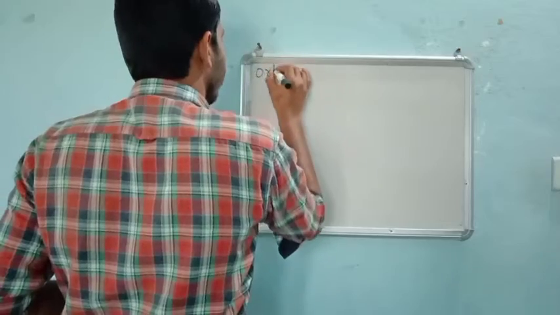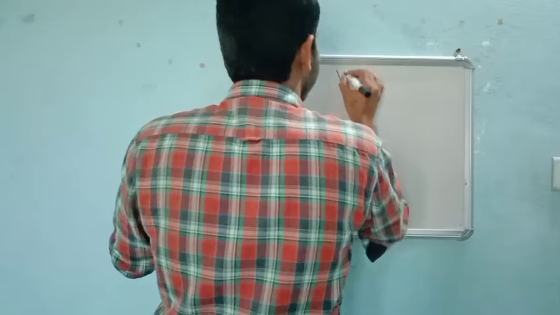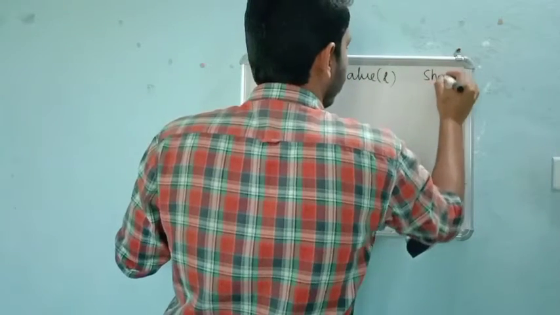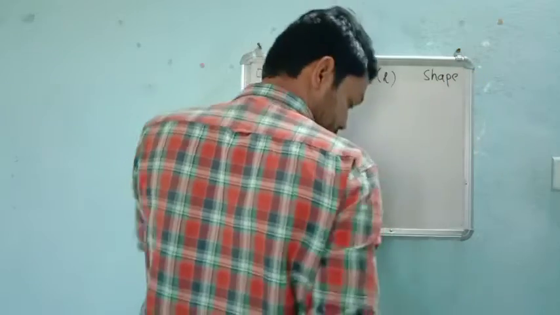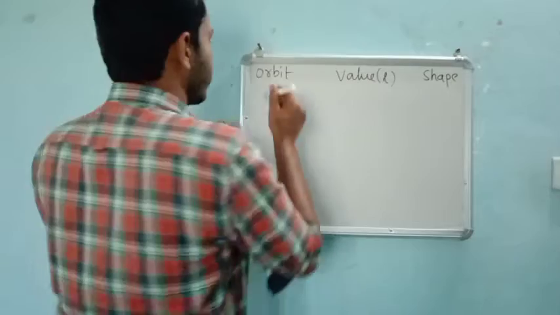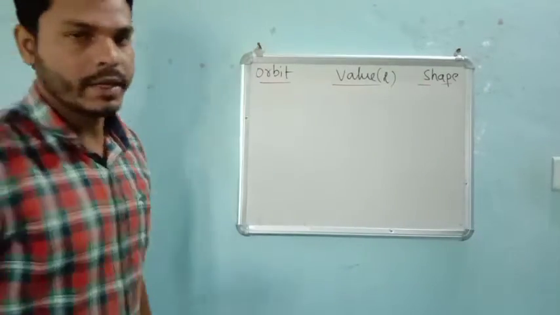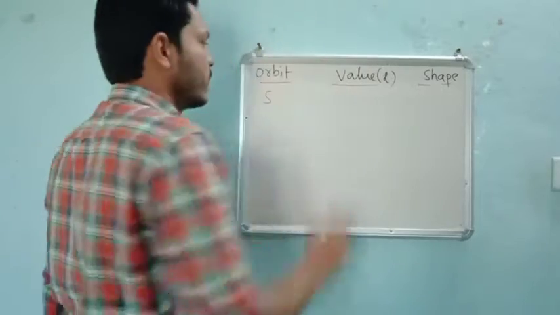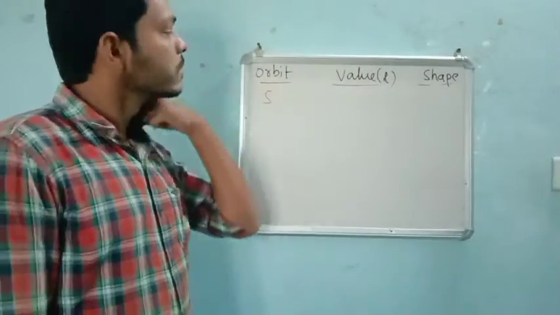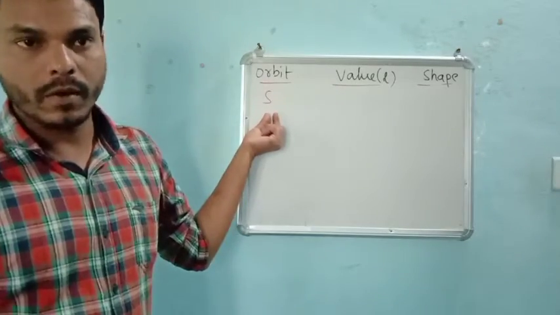Again, if we go into detail, we can have this chart: orbit, value of l, and shape. If the orbit is an s orbit, then the value starts from 0, because the s orbit starts from 0.